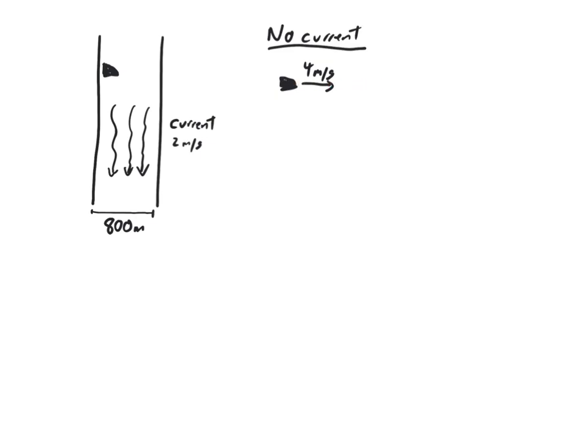And if I say how long is it going to take the boat to get across the river? Well, it has to travel a distance of 800 meters, and it's traveling at 4 meters a second. So we can use rate times time equals distance.